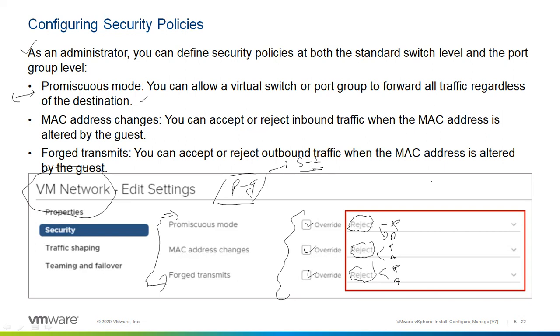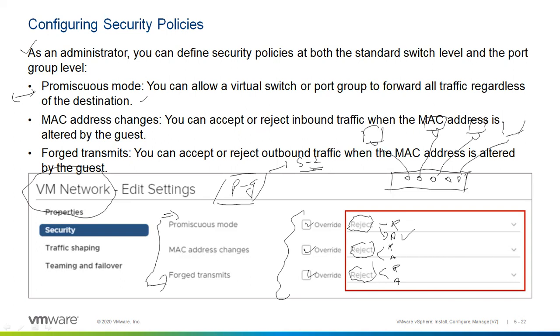It means that if this is my port group and the policy is being applied, promiscuous mode accept.